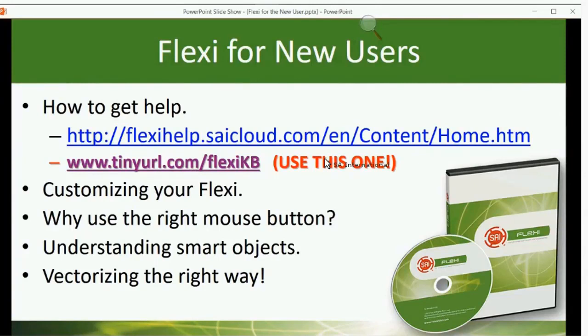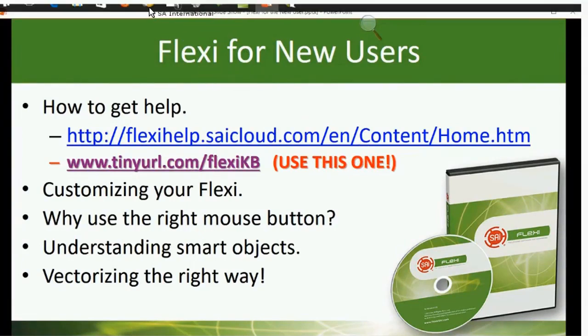So that's the one in the blue there. It's kind of a long one to remember. But write down that second one there, tinyurl.com/FlexiKB, so lowercase Flexi and then capital KB. And when you enter that into your browser, it's going to take you to a website where the knowledge base actually is.